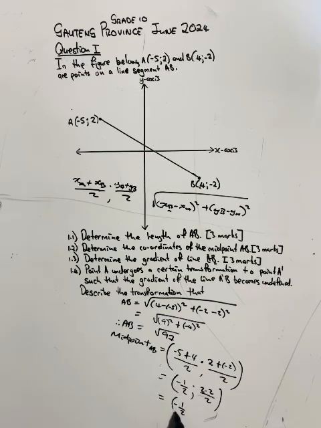Our x coordinate at the midpoint is negative half, and 2 minus 2 is equal to 0. 0 divided by 2 is equal to 0. So when your x is negative half, your y is 0. Therefore, the midpoint of line AB is those coordinates written there. And just like that, done.